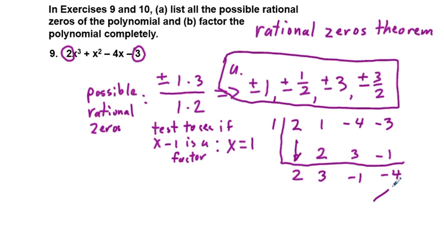That is our remainder of negative 4. What does that tell us? Well, since that remainder is not 0, we know that 1 is not a 0, therefore x minus 1 is not a factor.